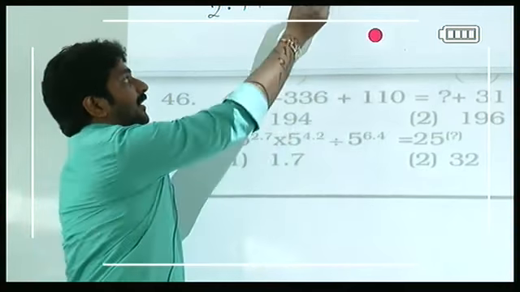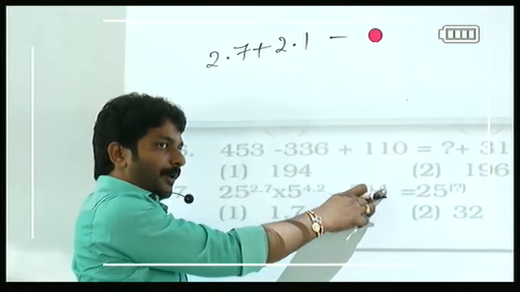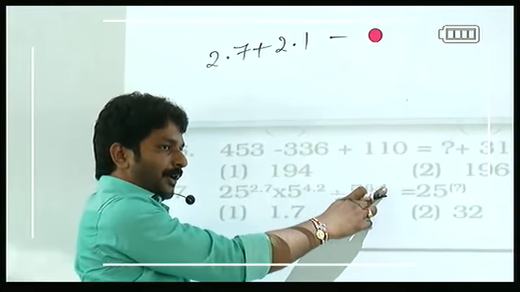Right. 5 to the power of 4.2. Can you write 4.2 as 2 into 2.1? So that will be 5 square into 2.1. 25 to the power of 2.1. Exponent is 2.1. Here also you can write 6.4 as 2 into 3.2. 5 square into 3.2. 25 to the power of 3.2. Exponent is minus 3.2. As it is division, you have to subtract. 4.8 minus 3.2. 1.6.